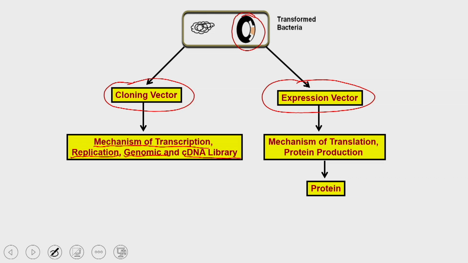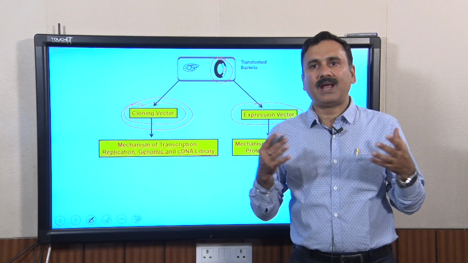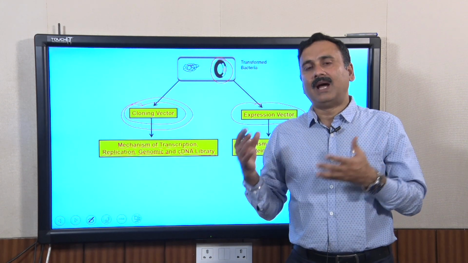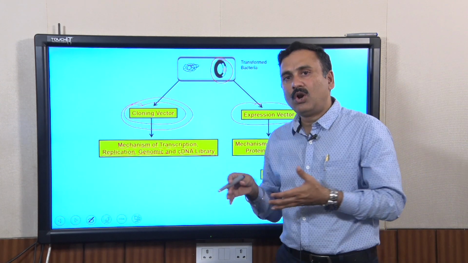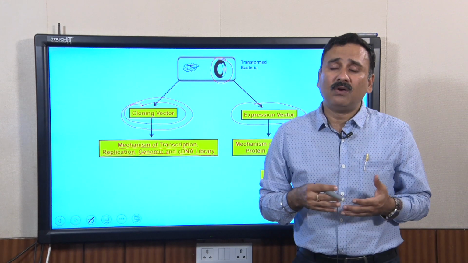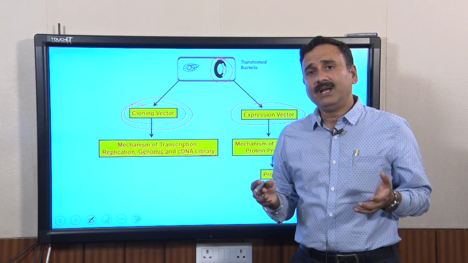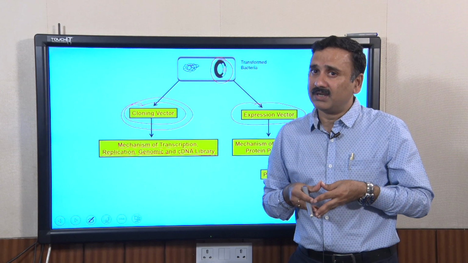So, if you are generating a recombinant clone into the cloning vector, you are restricting yourself to basic research, addressing questions related to processes happening within the cell or host, whether it is transcription or replication, or you can use similar strategies to generate genomic and cDNA libraries.